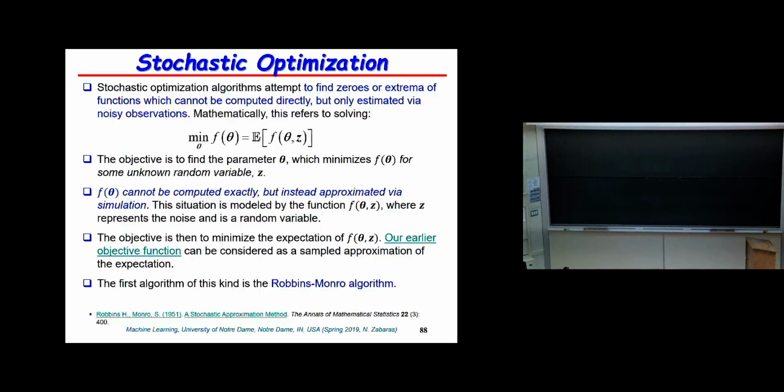So effectively, again, you want to minimize this function f, but the only thing that you can compute is some noisy representation of f. And because it's a noisy representation, you eventually need to take an expectation of that, okay? We cannot work with f of theta, but we can work with f of theta and z, and that's why you see the expectation there.